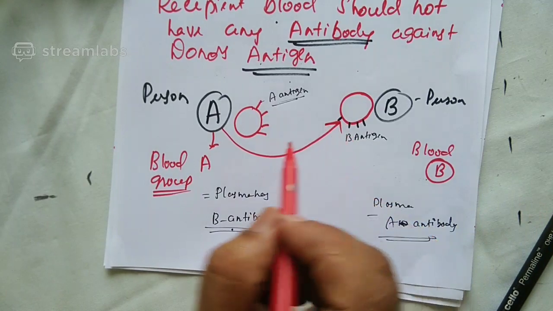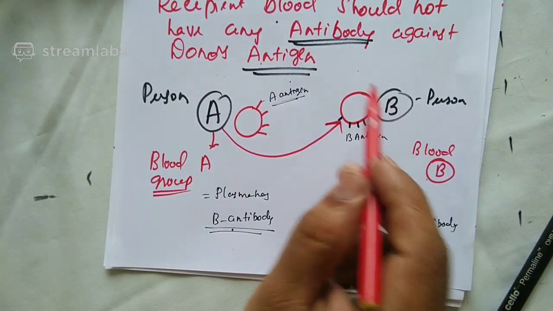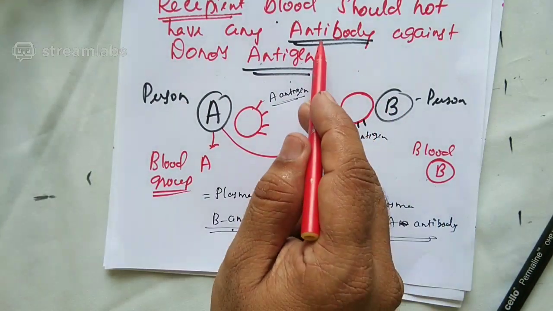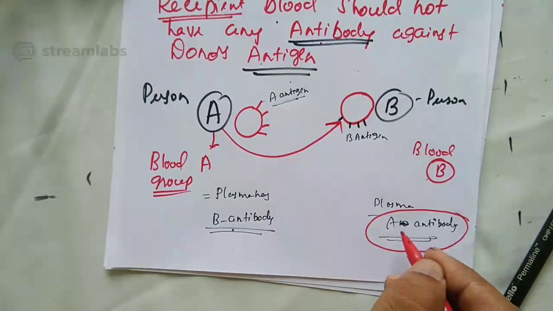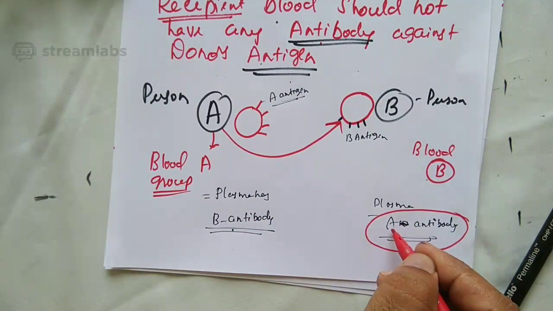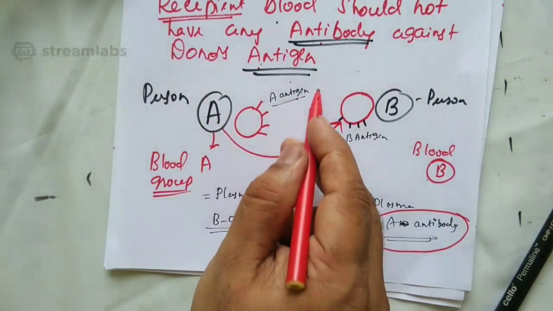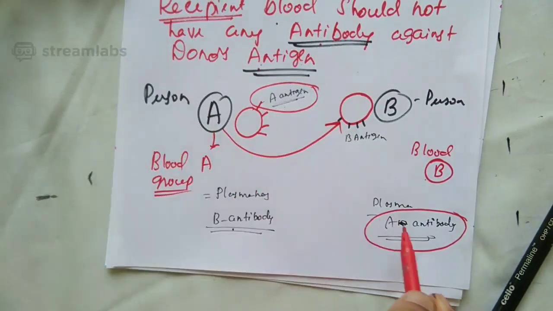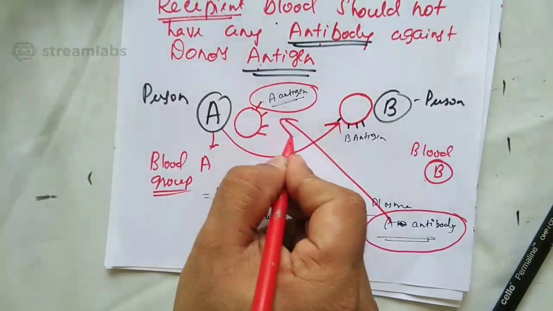So what is the principle? Recipient's blood, meaning person B, is a recipient, right? Recipient blood should not have any antibody. Is he having any antibody? Yes, he has an antibody called antibody A against the donor's antigen. Which antigen is present here? Antigen A. Antibody A here is against this antigen.